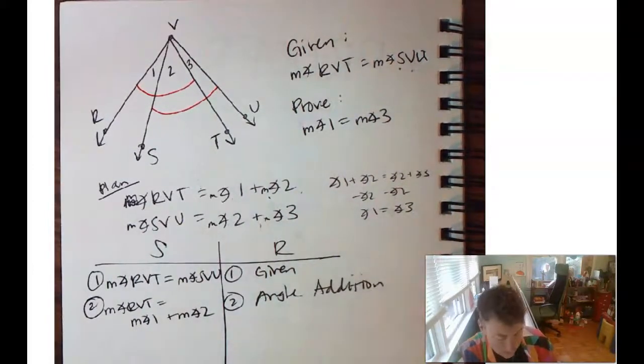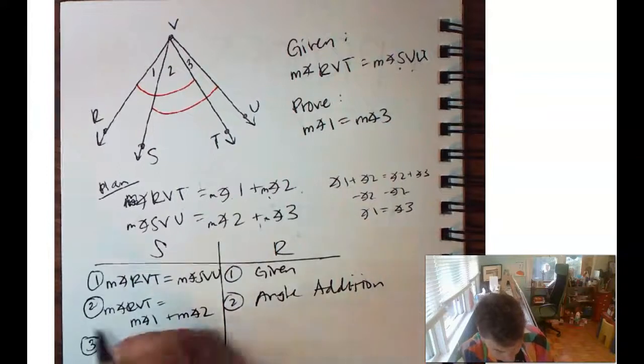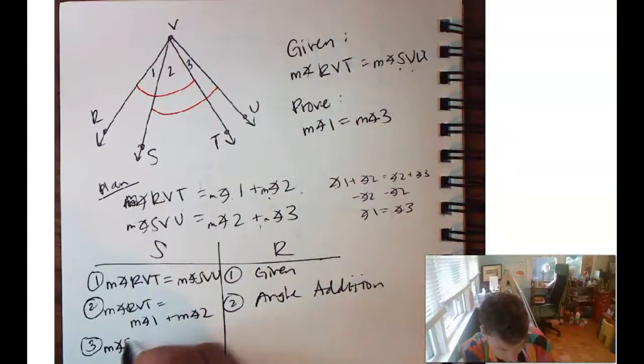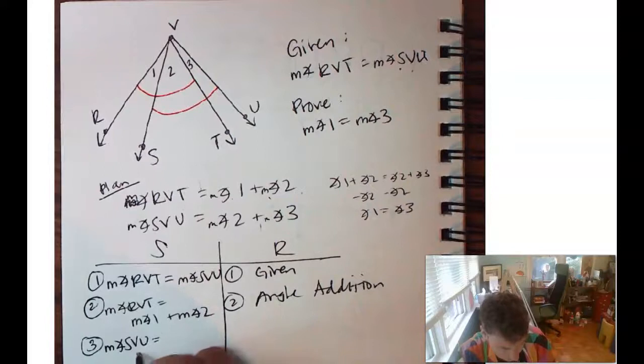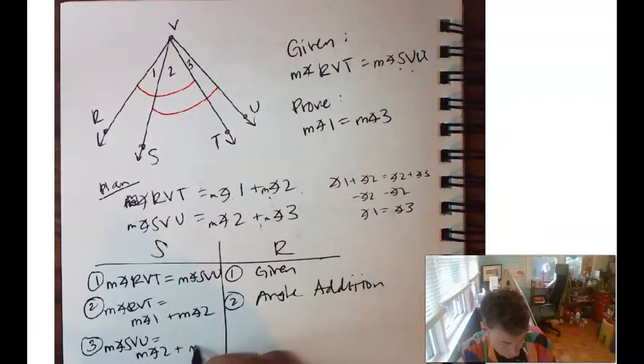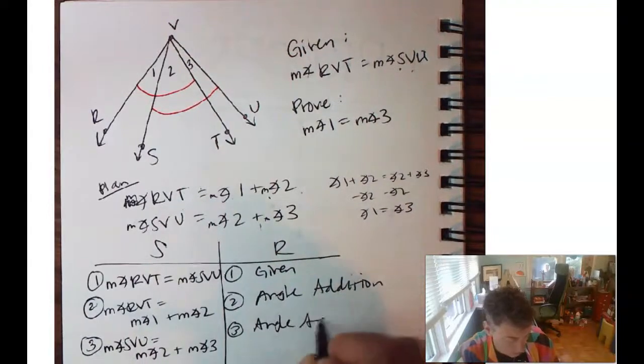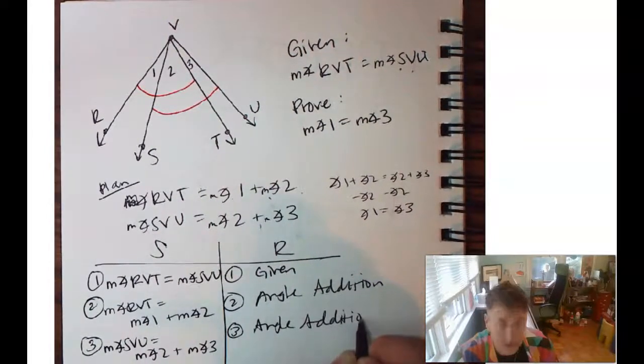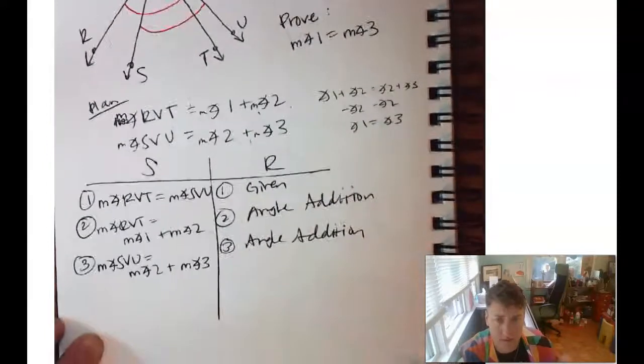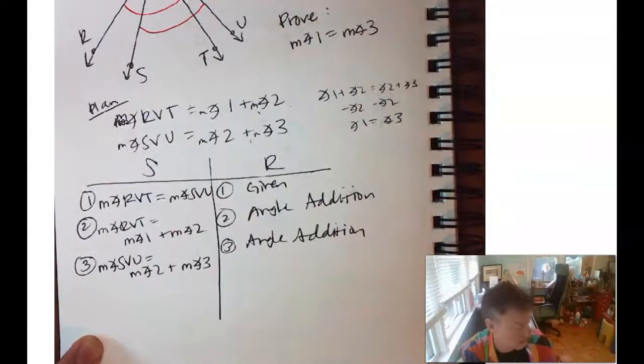Yep, that says you can add 2 angles up to equal a third angle. And by the same reasoning, the measure of angle SVU equals the measure of angle 2 plus the measure of angle 3 by angle addition. Fabulous. Slide that up.